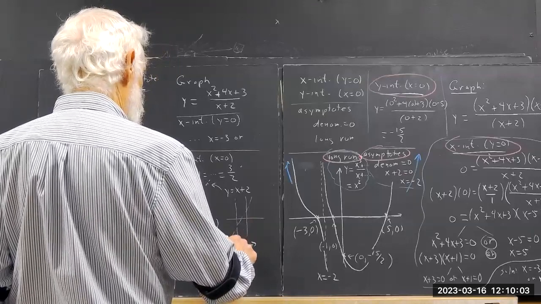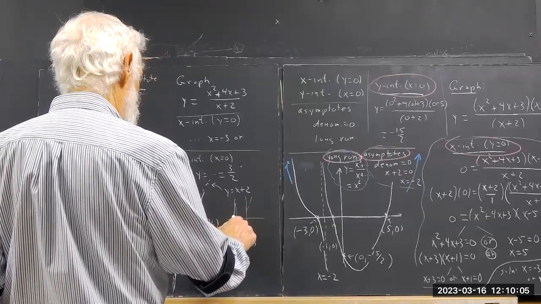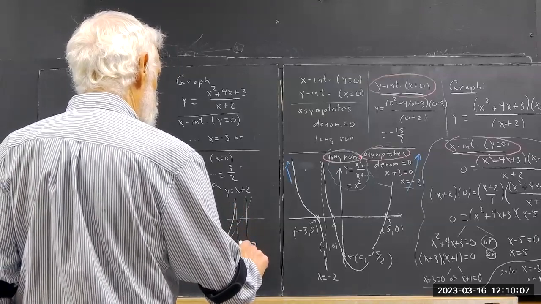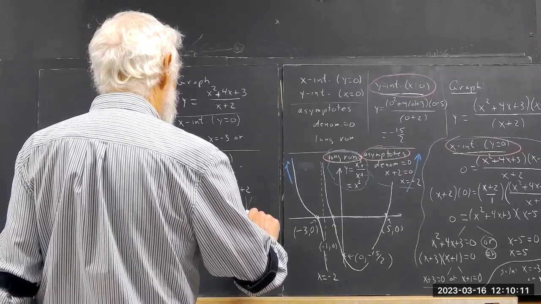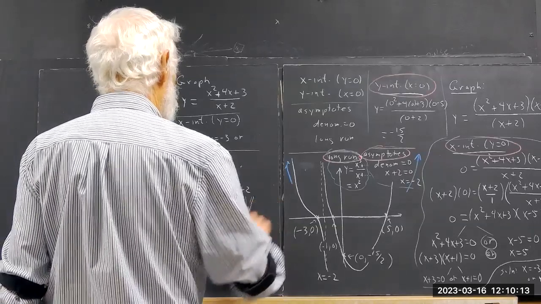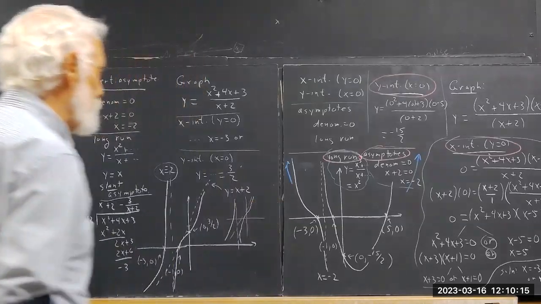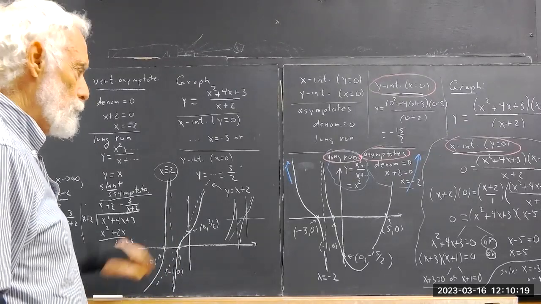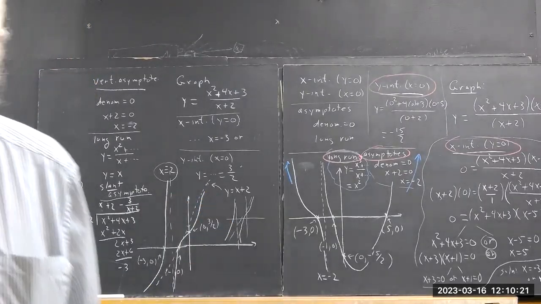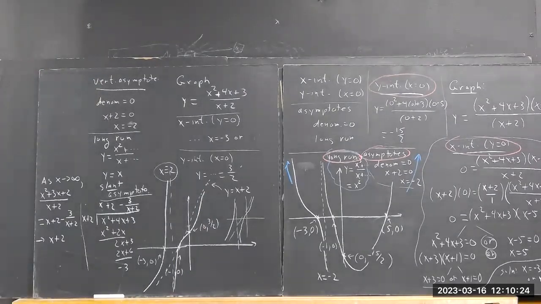That really the graph looks like this. Comes up here. It goes off. Probably something like that. And that's not quite right. Again, for the purposes of this course, that's just fine.